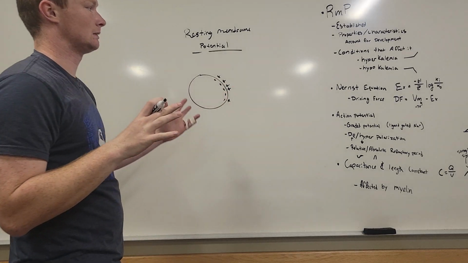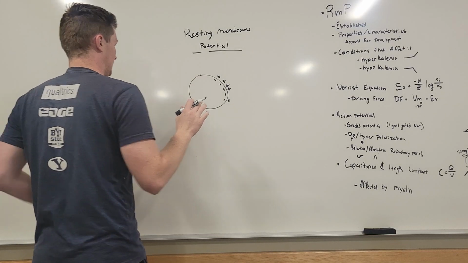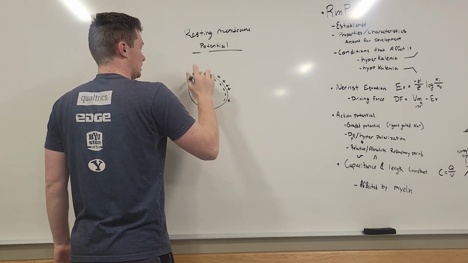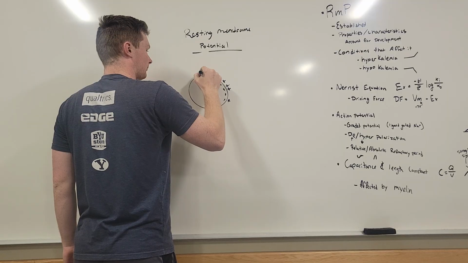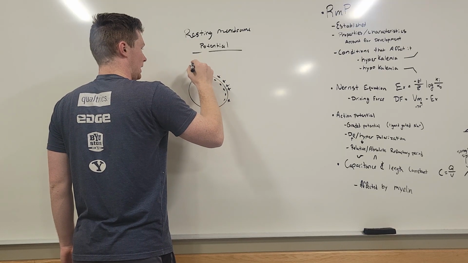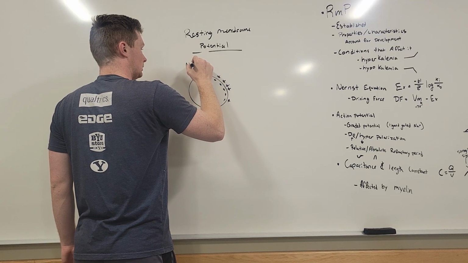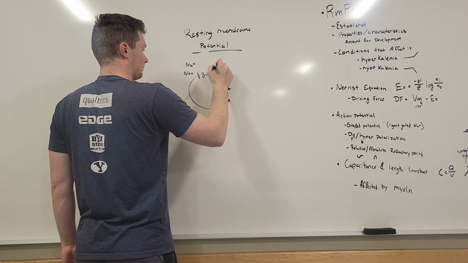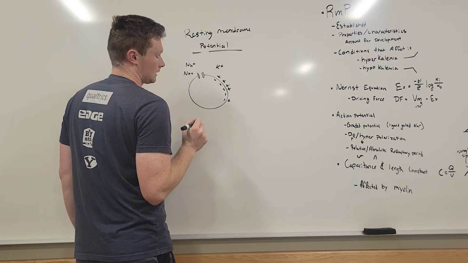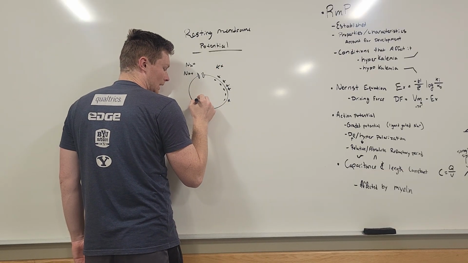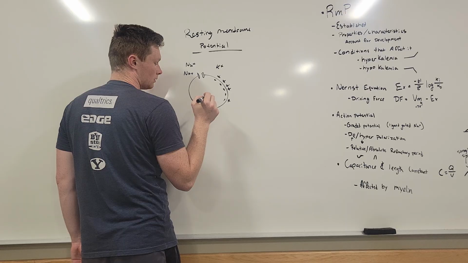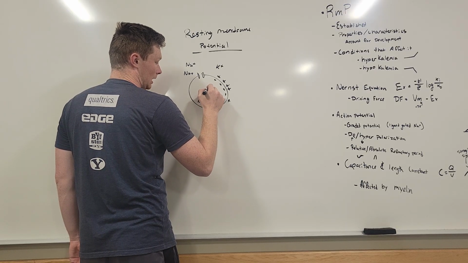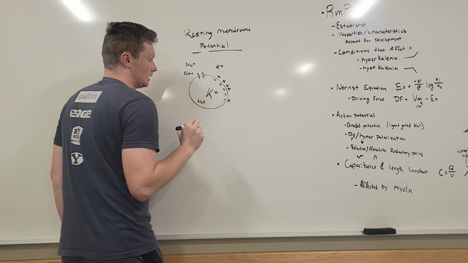So how this is kind of established is by a few different ways. First, we got a sodium-potassium pump, right? And we have lots and lots of sodium out here, and not that much potassium. Okay, we have not a lot of sodium in here, but we have lots of potassium.